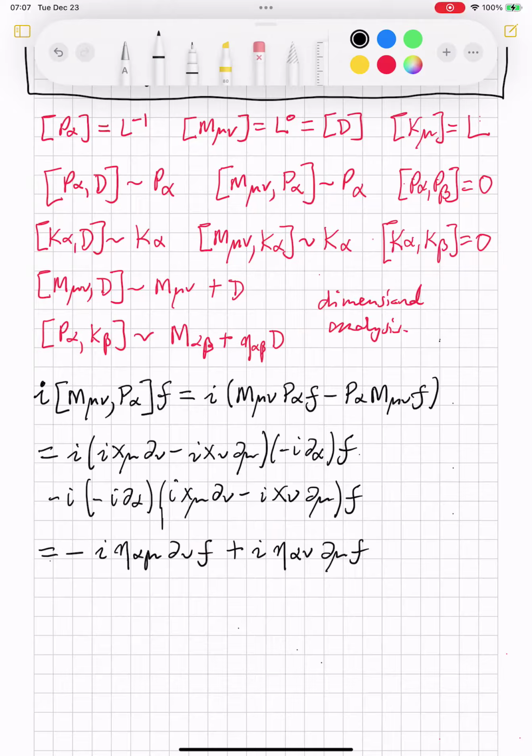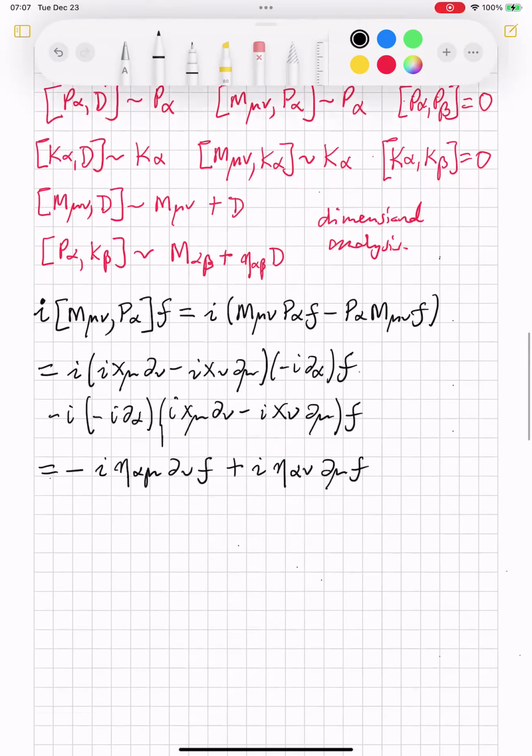If I was too quick for you, write out all of the terms and see what cancels. So there'll be some terms that cancel from the first line and the second line. And now we just take a look at our generators and we reinterpret this in terms of generators. So eta alpha mu, this is a P nu on f, minus i eta alpha nu and a P mu on f.